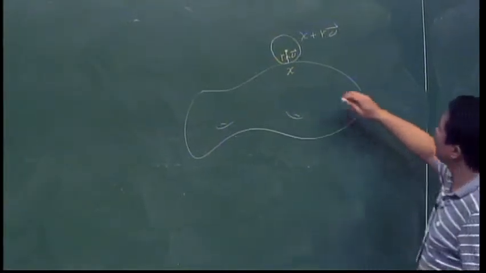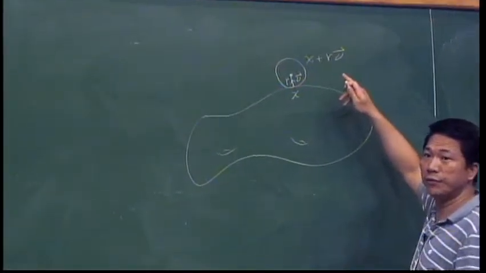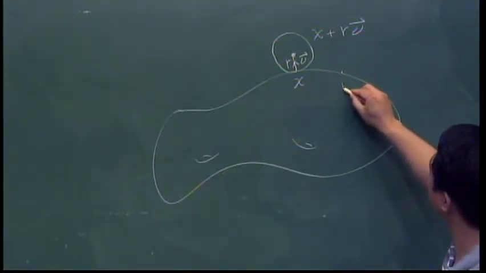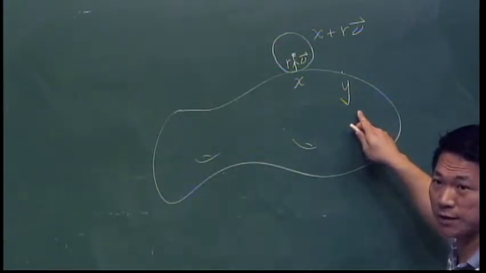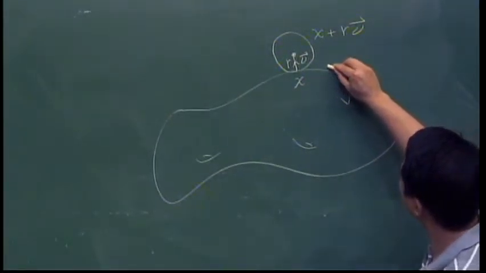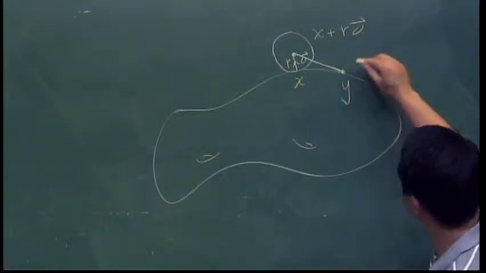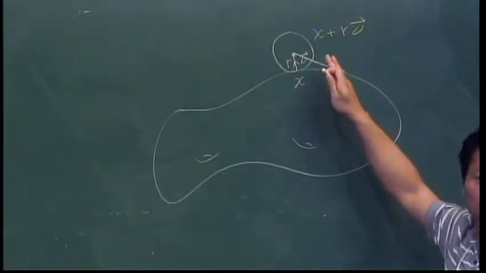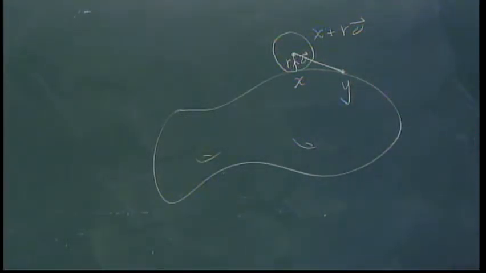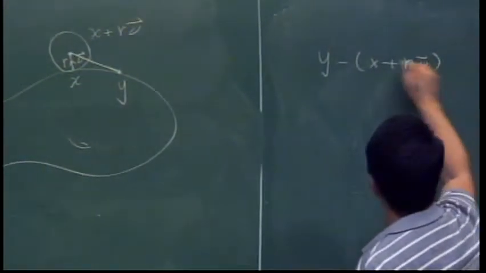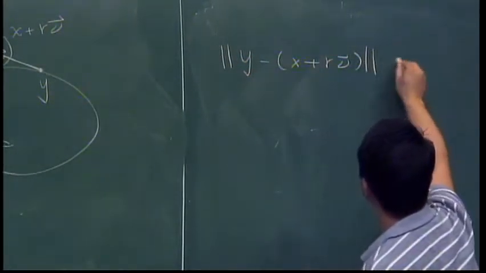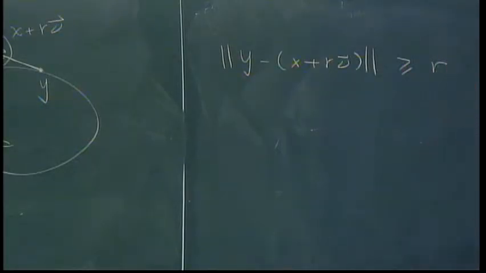Okay? So in order to admit the exterior sphere condition, for every point on the hypersurface, the distance of this point to the center of this ball has to be bigger than R, for every other point on the hypersurface. Which says that the distance of y minus (x plus R mu) has to be bigger or equal to R for every point.